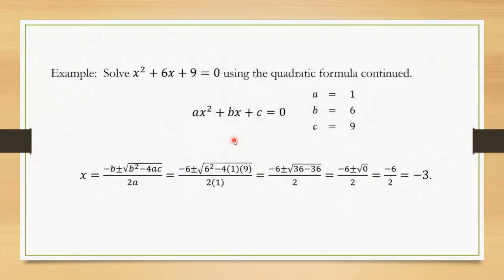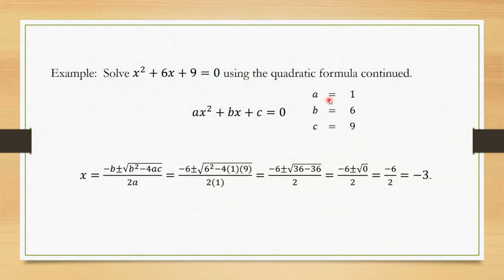All right. Here's another one. This one's also pretty straightforward. Let's say we want to solve this using the quadratic formula. So here we have x squared, a is 1, 6x, b is 6, c equals 9, we get this. Okay.